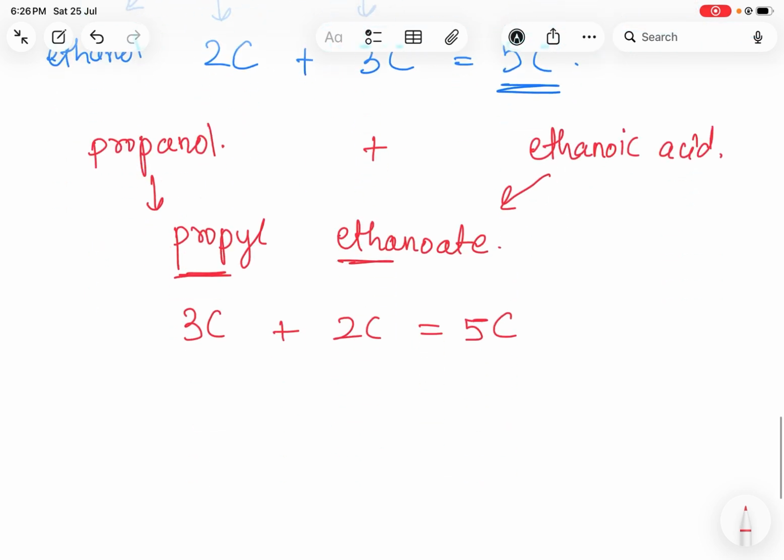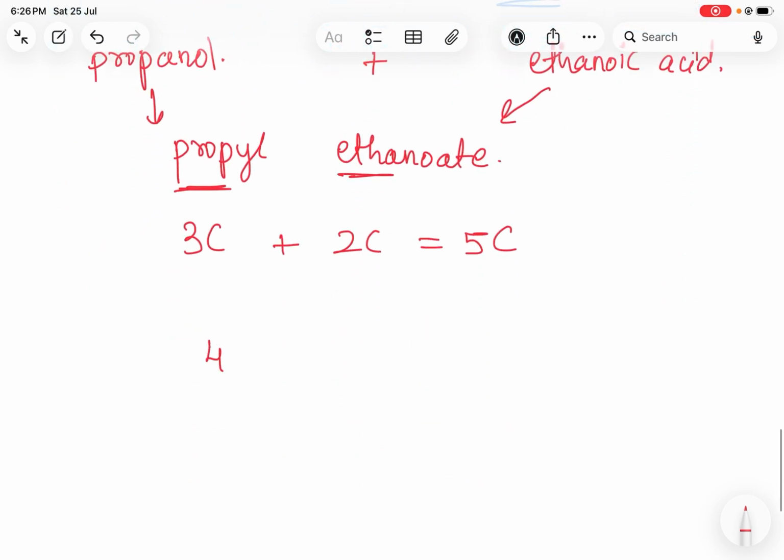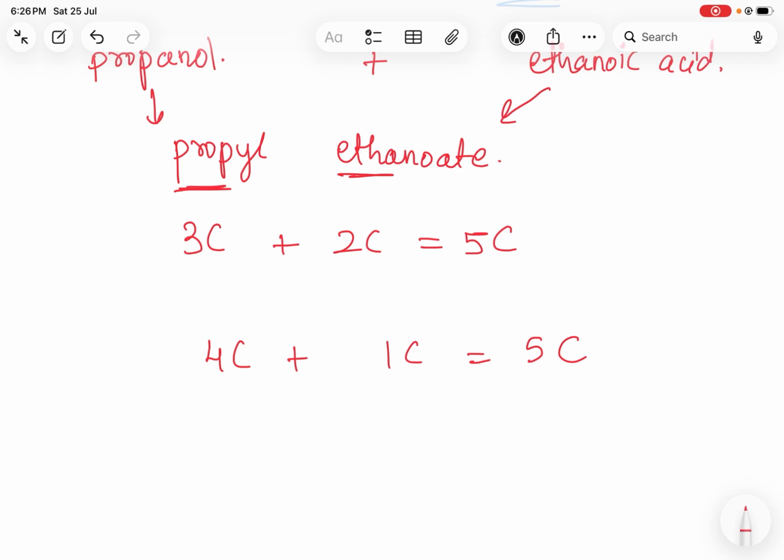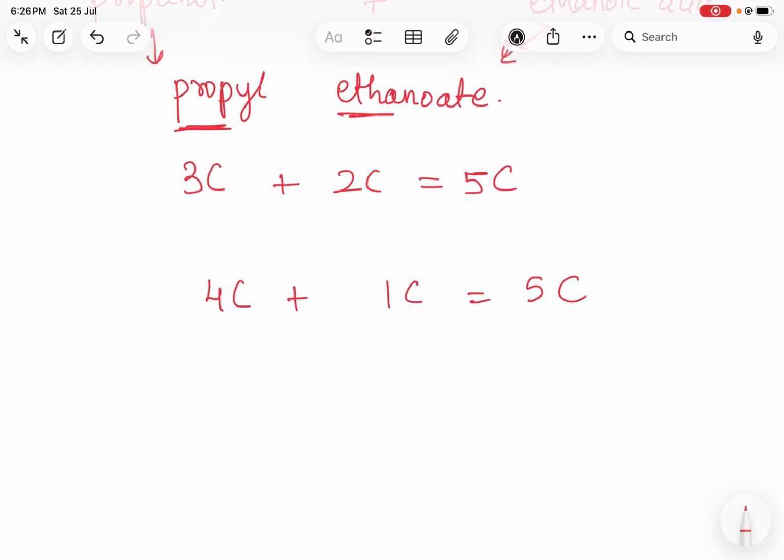The other way around, a 4 carbon compound plus a 1 carbon compound also makes 5 carbon atoms. Say for example, I take butanol as the 4 carbon compound and methanoic acid as the 1 carbon compound. So 4 plus 1 is equal to 5.